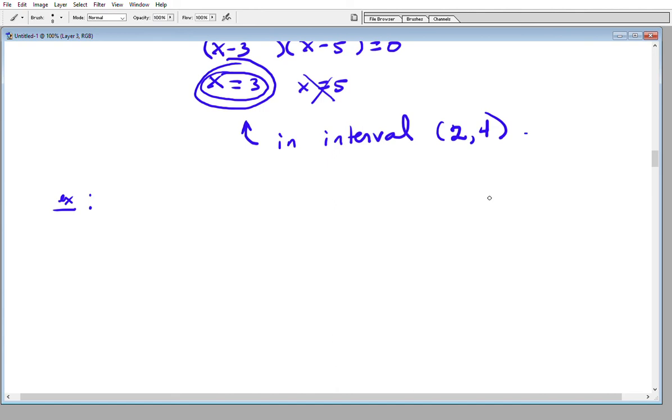All right, so let me look at this one. Let's say here's another one. For f of x equal, this time I'm using third degree.